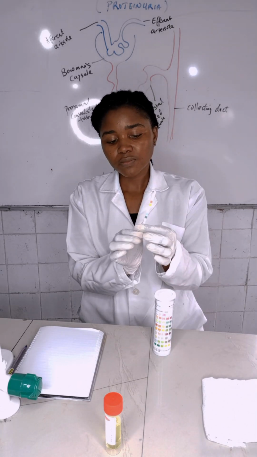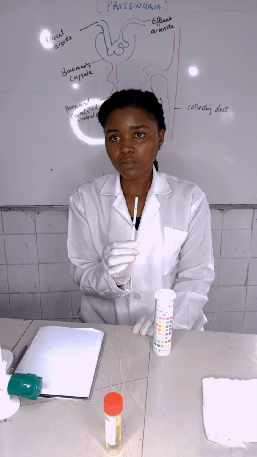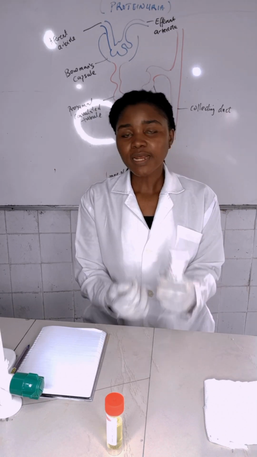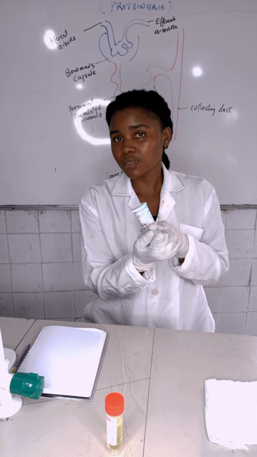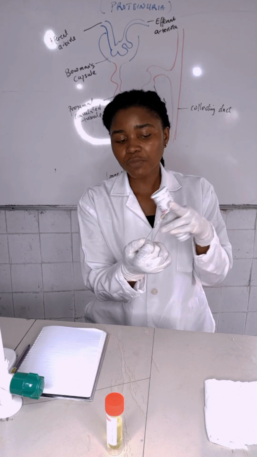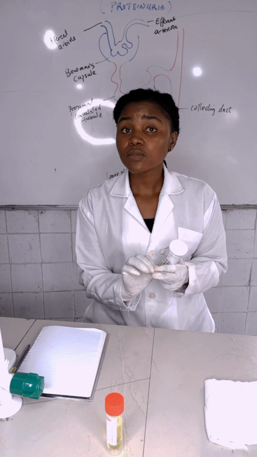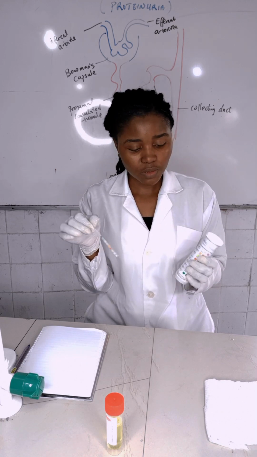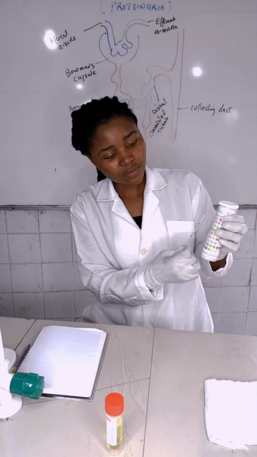Now watch this. These are the parts that have been embedded with chemicals. This part is vacant. This is where you hold it. Do not touch the chemical part, because when you touch it, you will contaminate it, and you will be heading towards wrong results. This is how you hold it vertically.